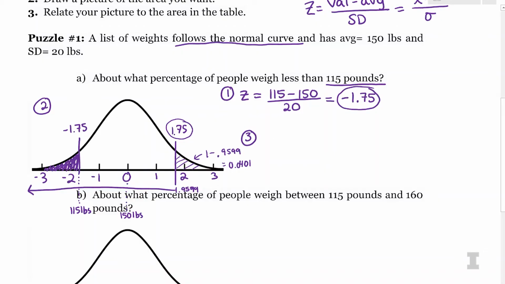So I can say that we found the area to the left of 1.75 because our normal table only gives us the positive z-scores. That was 0.9599.